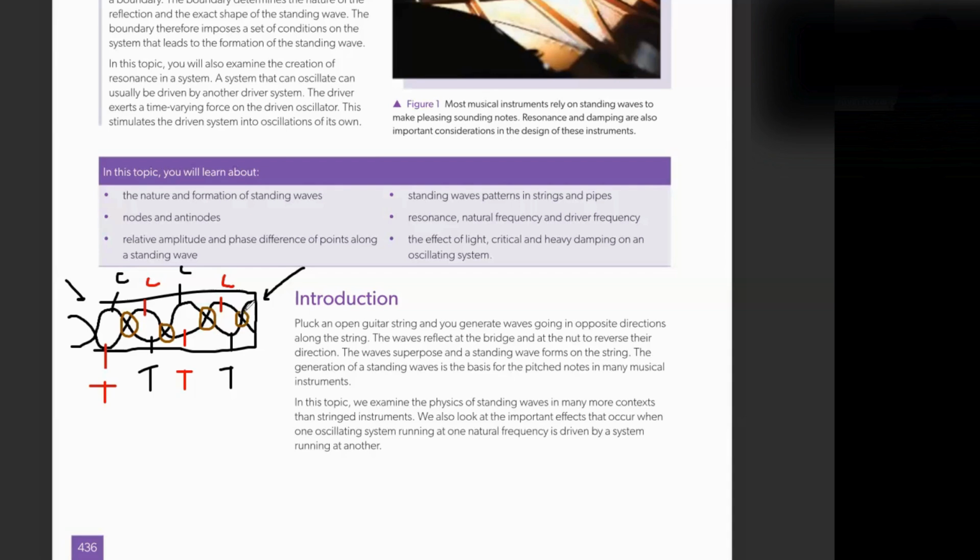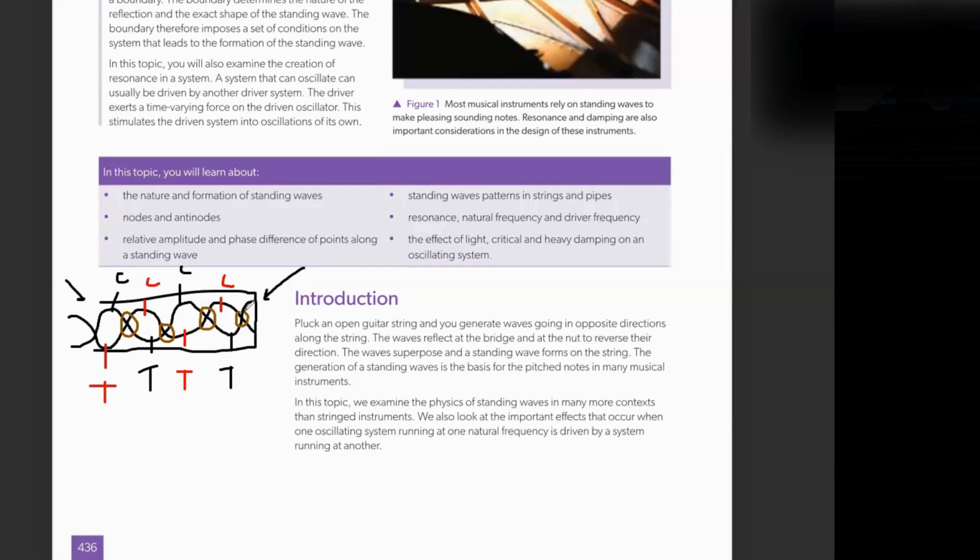This formation is called a standing wave. That's why the wave doesn't appear to move to you. Understood? This formation is called a standing wave, which means the wave doesn't appear to move. But how did that form?